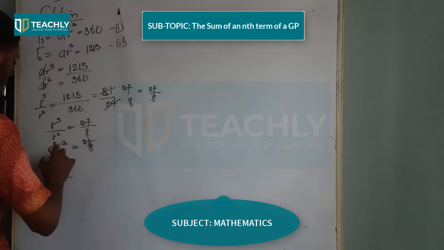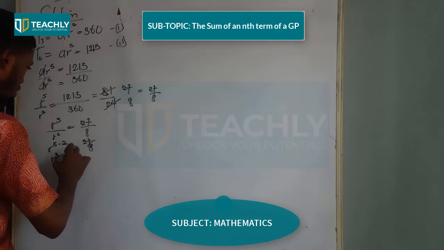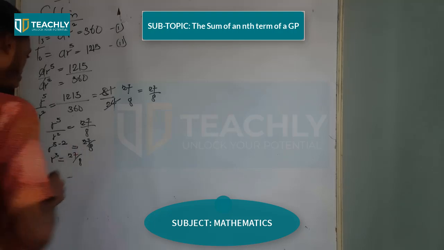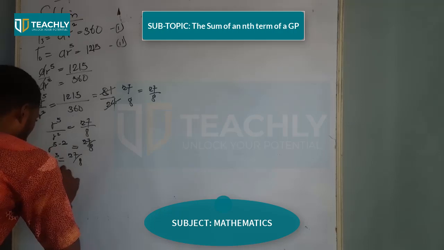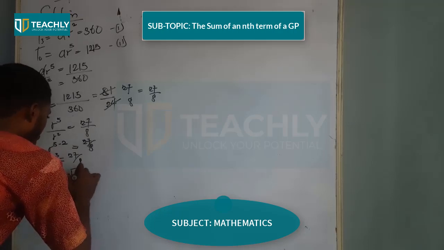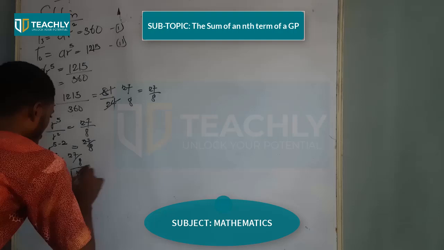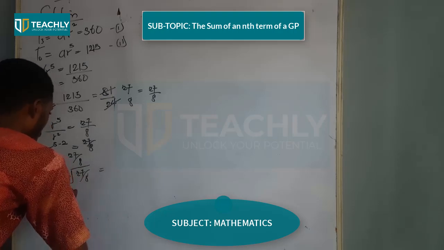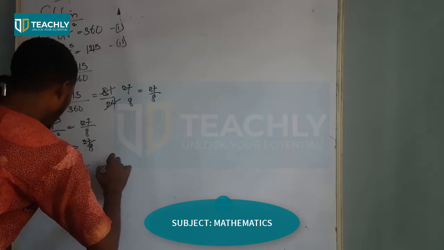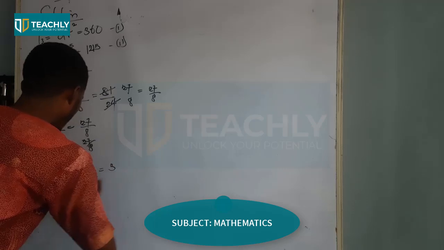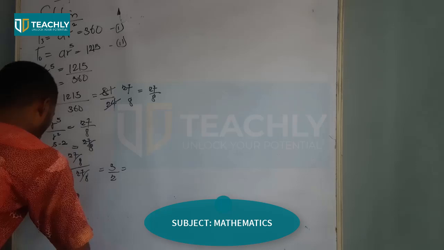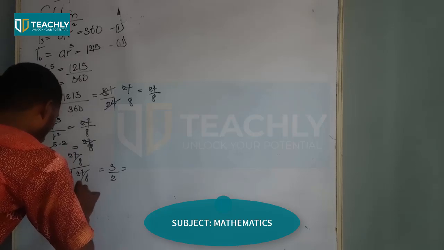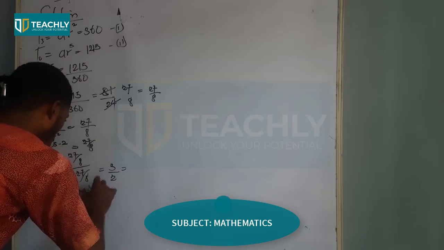So r raised to the power of 3 is equal to 27 over 8. Now, the cube root of this: the cube root of 27 will give me 3, and the cube root of 8 is going to give me 2. So I have my r to be 3 over 2, or 1 and 1 over 2.